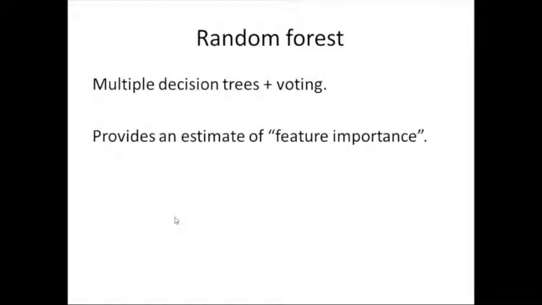Additionally, constructing a random forest, a set of decision trees, also provides an approach for estimating feature importance, as it will turn out that some features are present in many trees, some features are almost absent, some features are present in a few trees, and they're present in these trees at different levels.